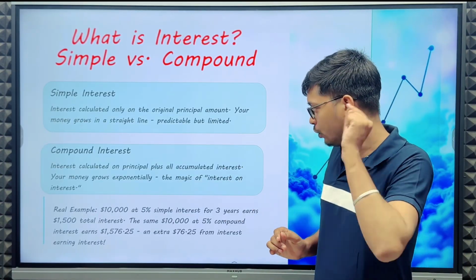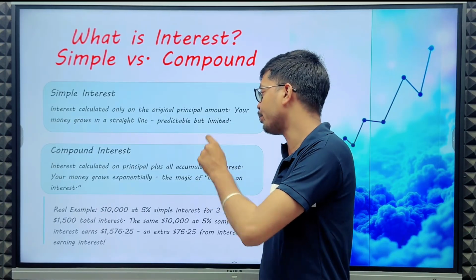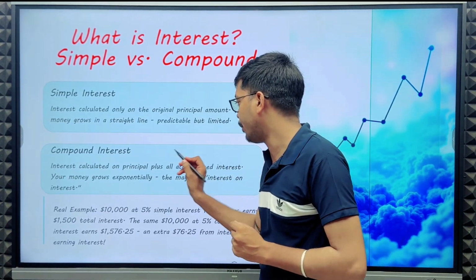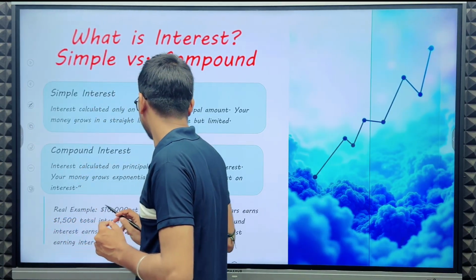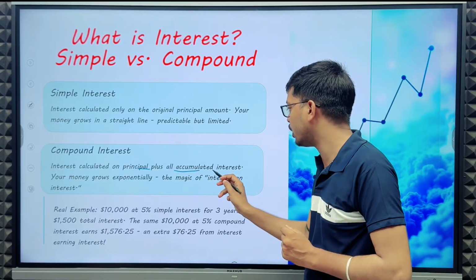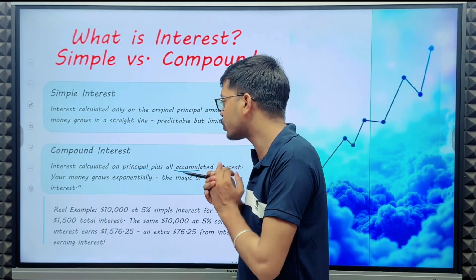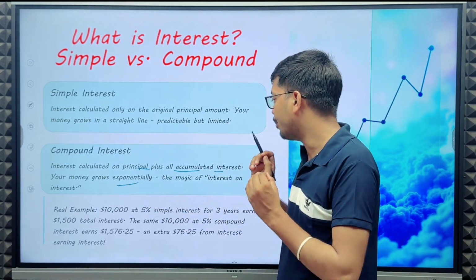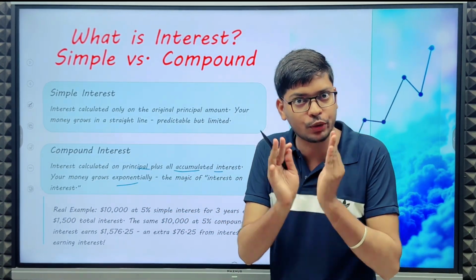But compound interest is calculated on the principal plus all accumulated interest. So here your money grows exponentially, because of the magic of interest on interest. I hope you understand.